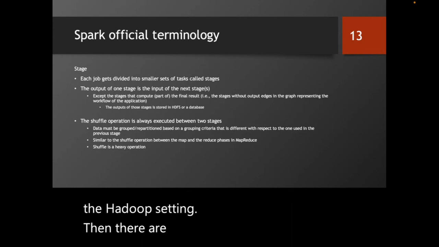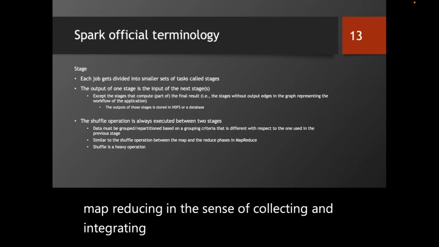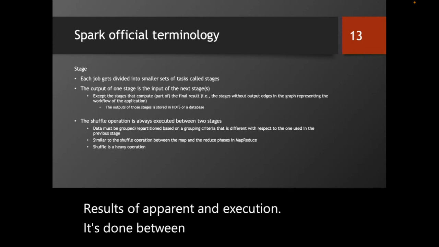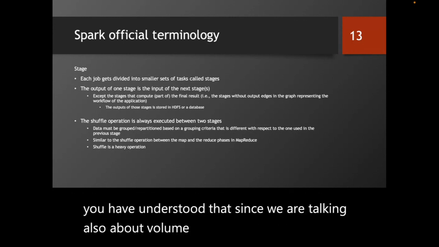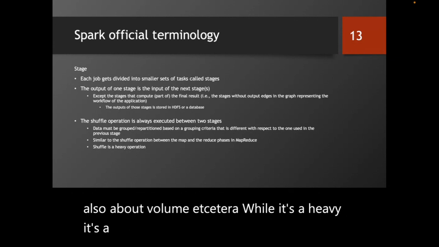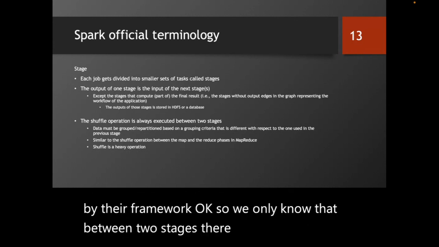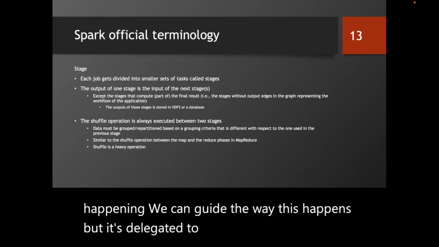Then there are other strategies, for example, map reducing in the sense of collecting and integrating the results of a parallel execution, done between stages. Since we are talking about volume, it's a heavy operation, and it is done by the framework. So we only know that between two stages there is something happening. We can guide the way this happens, but it's delegated to the framework.